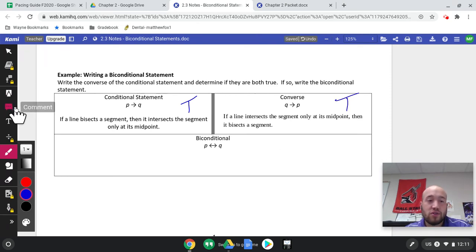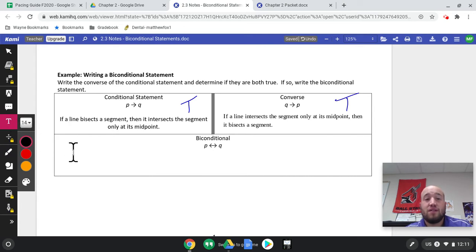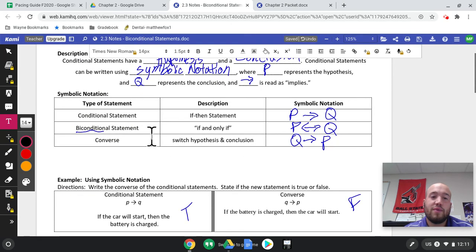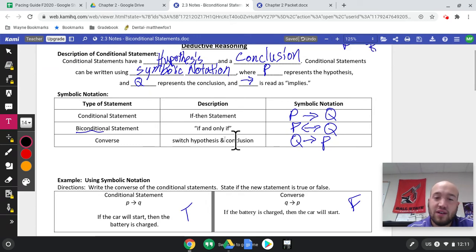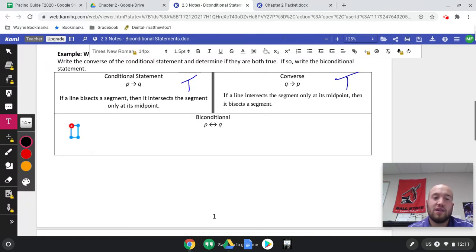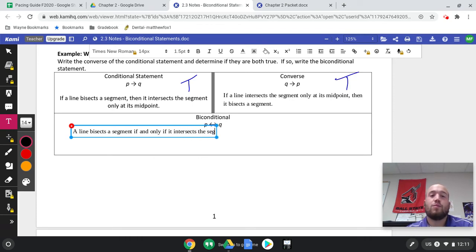Since both of those are true, now I can do something down here, and this is a little different. We can put the words if and only if in the middle. So back when you wrote down your biconditional statement, remember it said if and only if. That's what goes in the middle. So when I write this, I'll say a line bisects a segment if and only if it intersects the segment only at its midpoint.